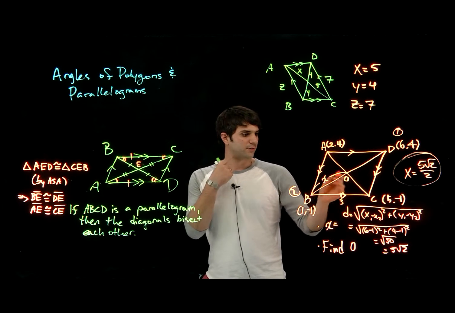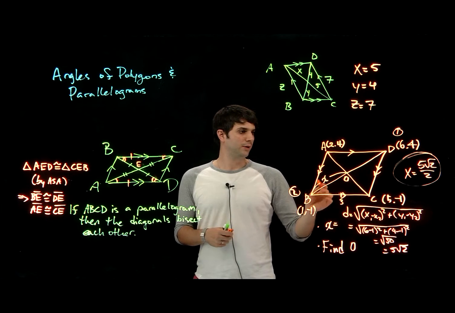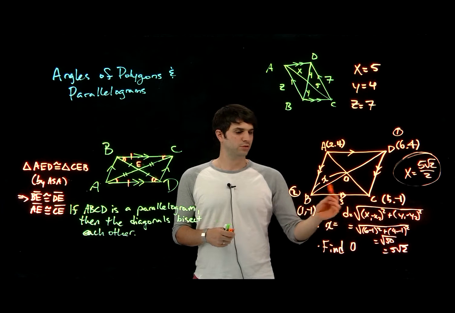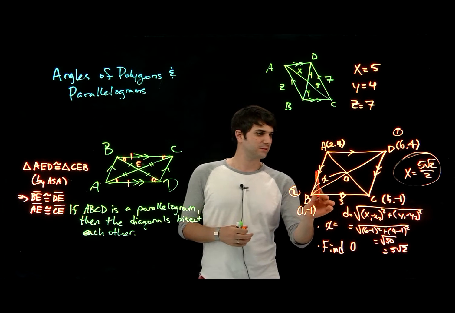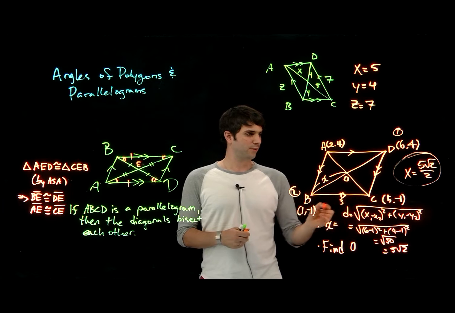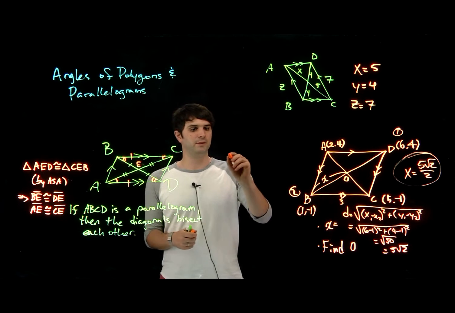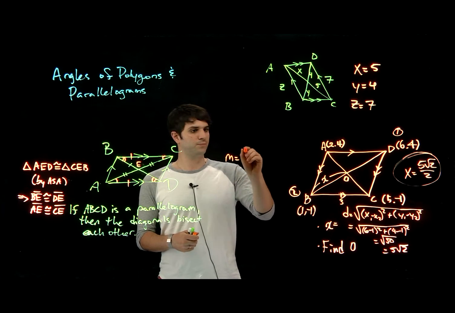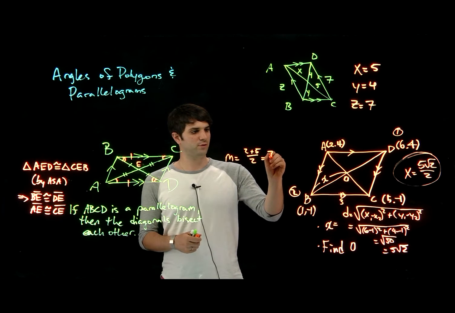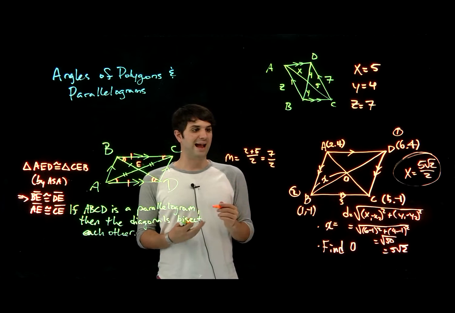To find the midpoint, you add up both numbers and divide by 2. For the x value, the midpoint equals (2 plus 5) over 2, which is 7 over 2. So that's going to be our x coordinate.